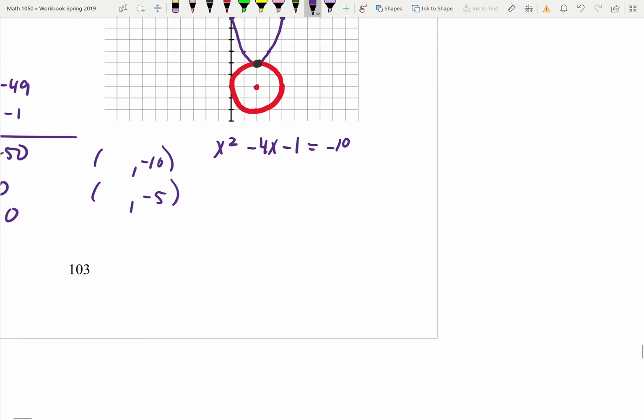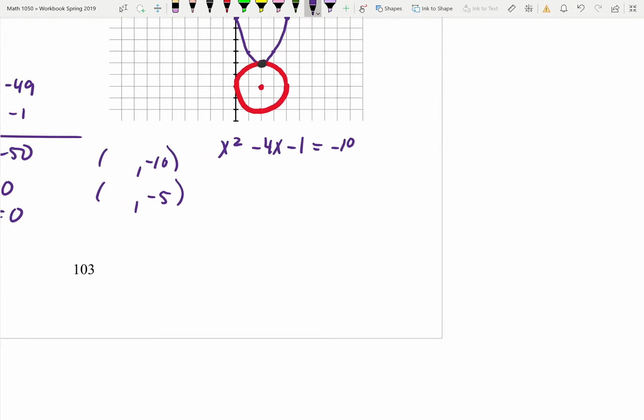Now, I have to factor, so I'm going to pull my 10 over. So I have x to the second minus 4x plus 9 equals 0. Now, that doesn't factor. So since it doesn't factor, do I write invalid solution and throw that out? No. What do I do? Quadratic formula.